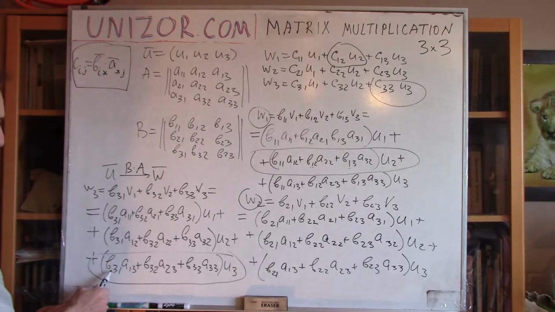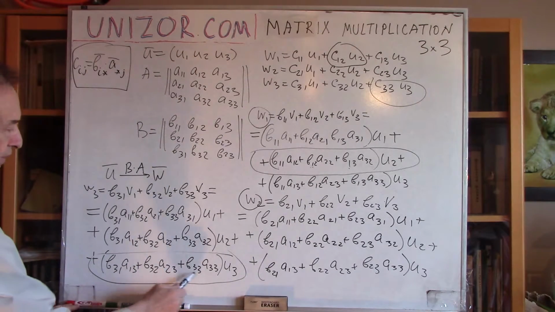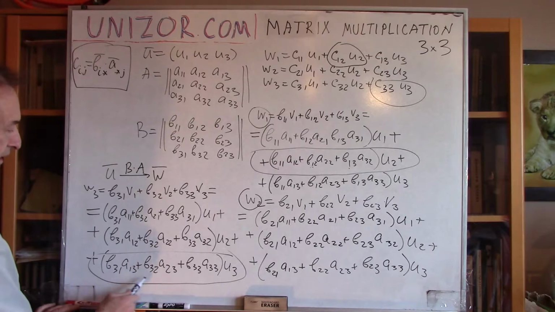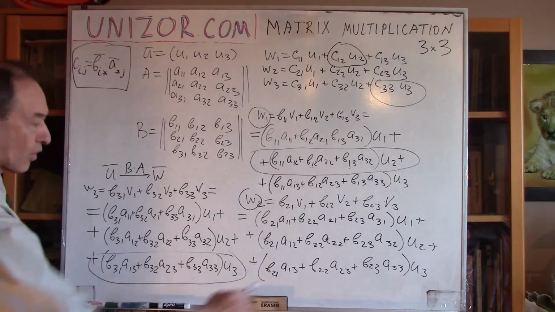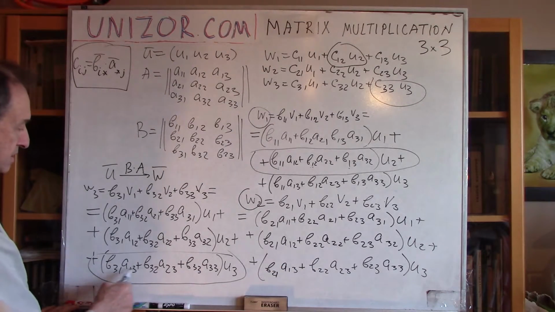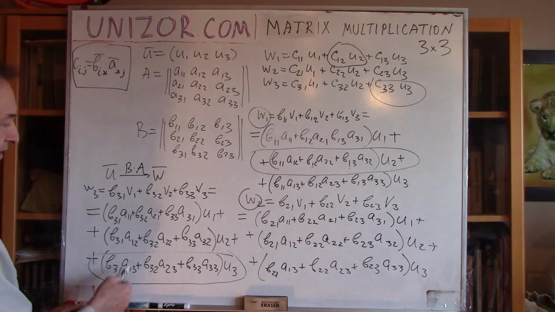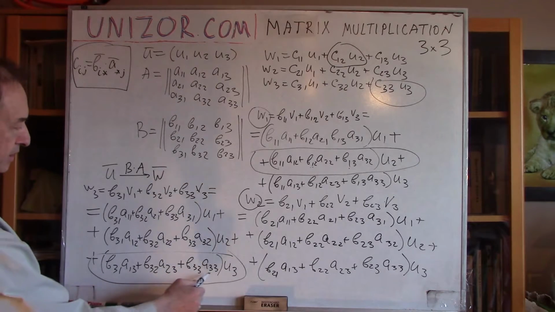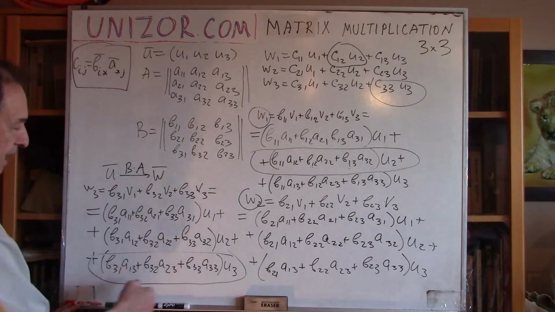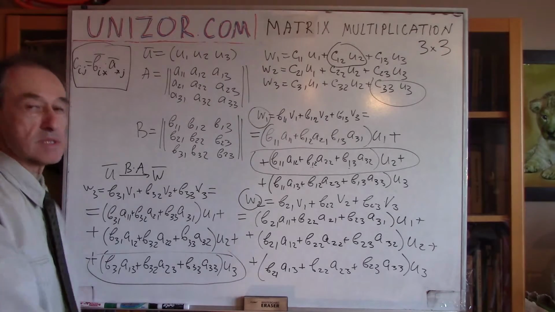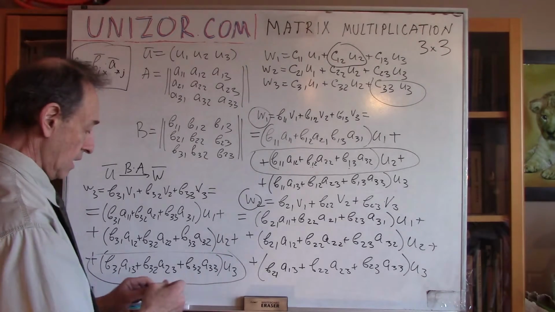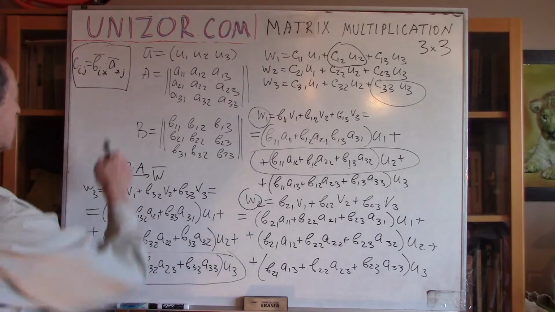Well, let's check. 3, 1, 3, 2, and 3, 3. These are three elements in the third row of the B, because the first index is always the row, and it's always 3. Now the second index is the column, and this is 1, 3, this is 2, 3, and this is 3, 3. So the A matrix has three elements in the third column. So exactly the same formula is here as well.